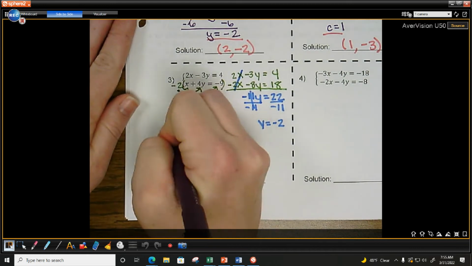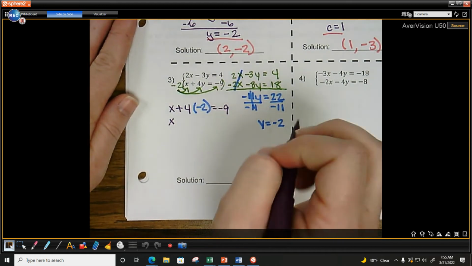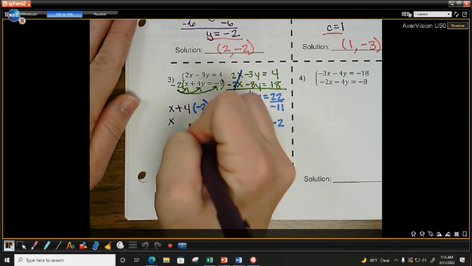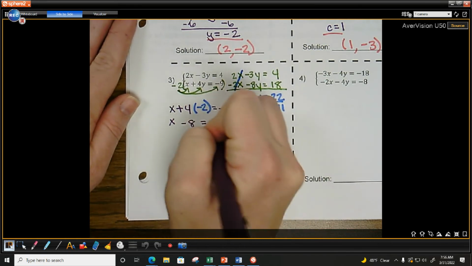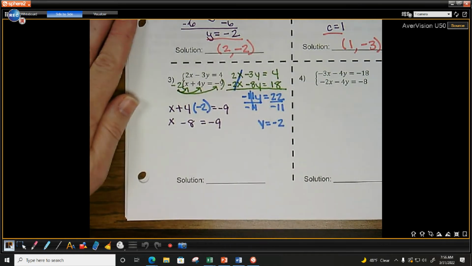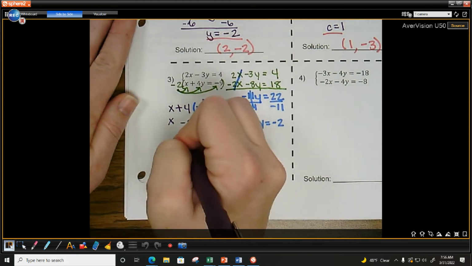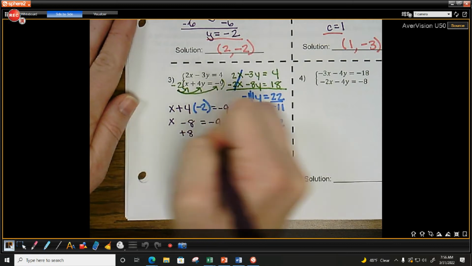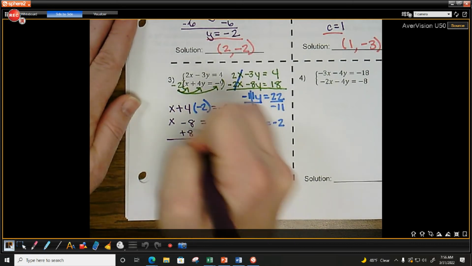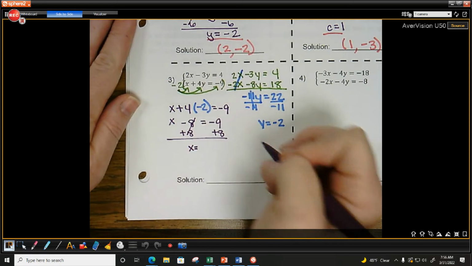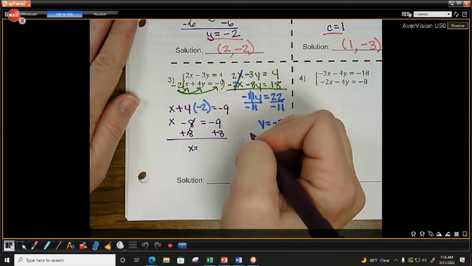So x, what's 4 times negative 2? Negative 8 equals negative 9. What do I do next? Add 8. So I get x equals negative 1.